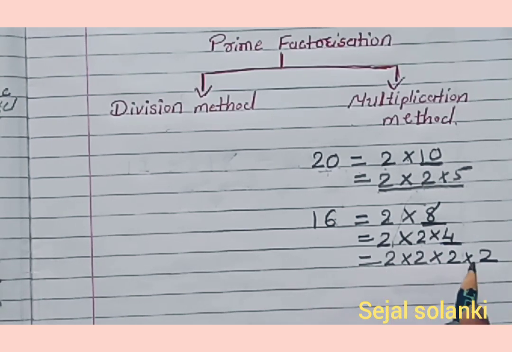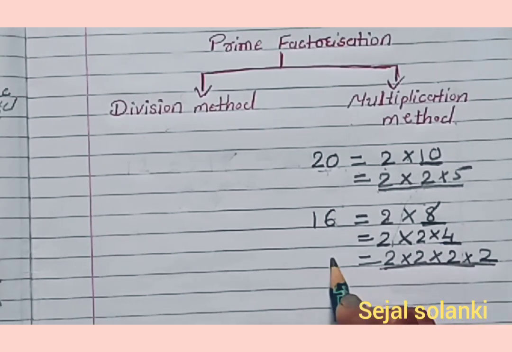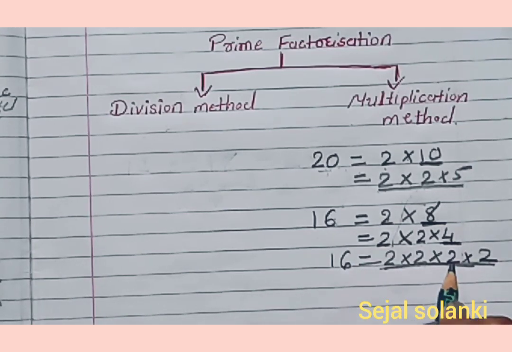Is there any composite number? 2 is a prime, this 2 is a prime, 2 and 2, yes, all are prime numbers. So we will stop now, and we know that these are the prime factors of 16. 2 into 2 is 4, 4 into 2 is 8, and 8 into 2 is 16. So this is the multiplication method to find out the prime factors.